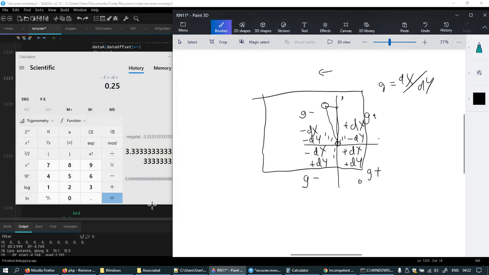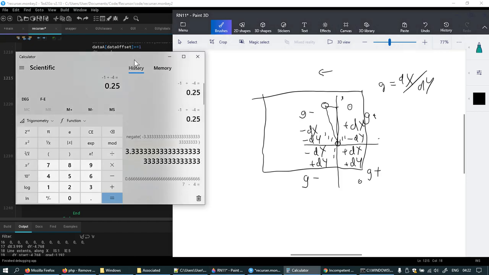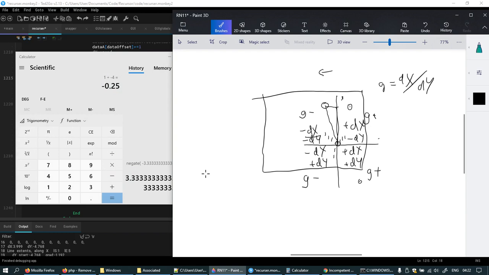And in this quadrant, if I imagine that the spot was there, that would be +1 divided by -4, which gives a negative. This divided by this gives positive, this divided by this gives negative.